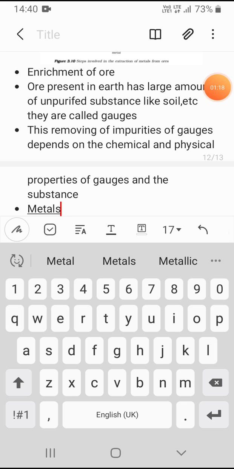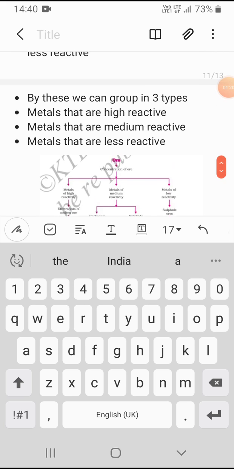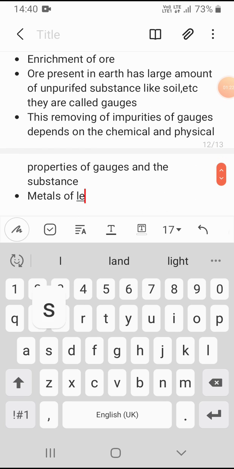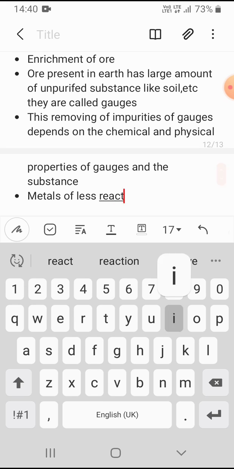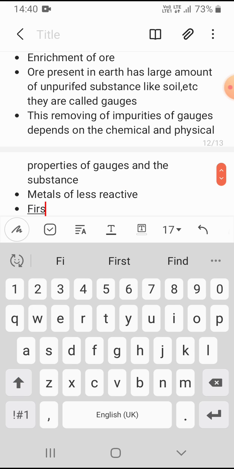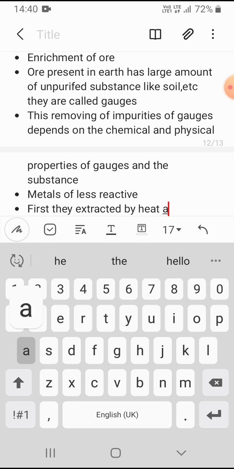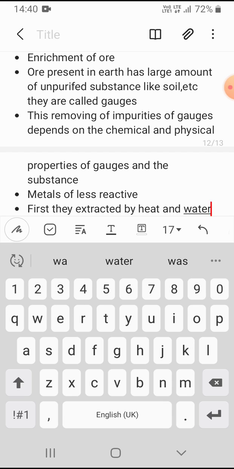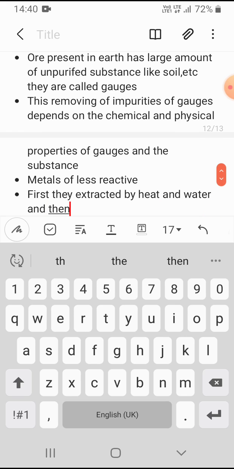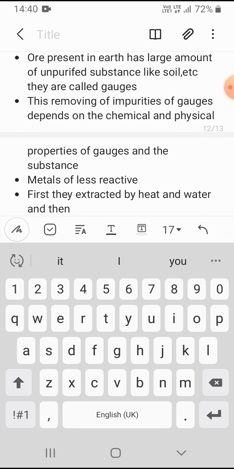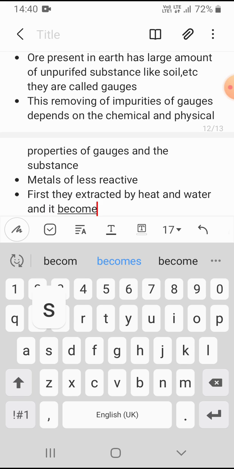Metals of low reactivity are first extracted by heat and water. First heat and water, with that they extract, and then, taking the example of mercury, it becomes mercury oxide.